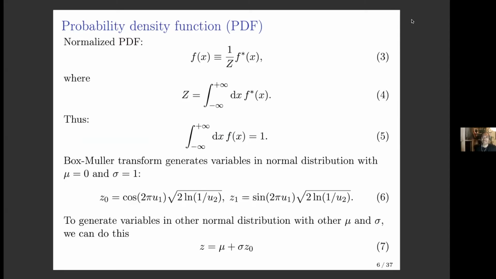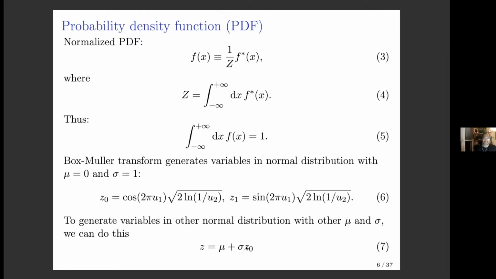So, here's a trick to generate normal distributions. You probably have used it. There's a trick called the Box-Muller transform. This is how we generate a normal distribution. You can always generate a normal distribution with any mean and scale by using this trick.